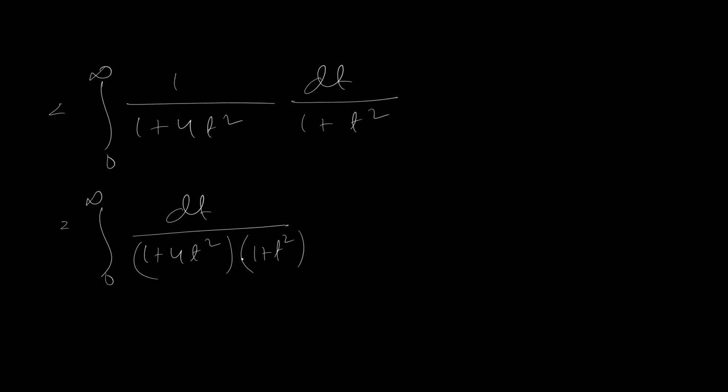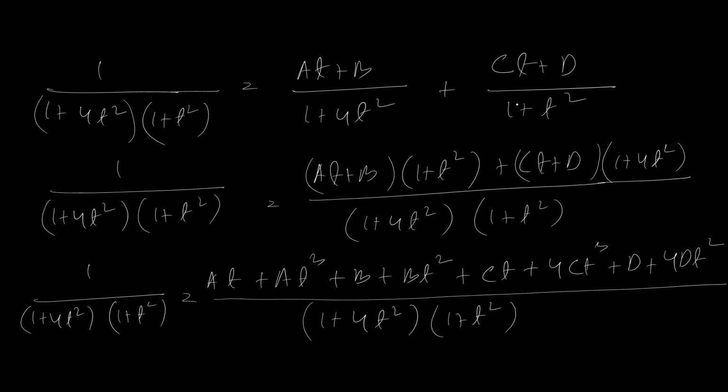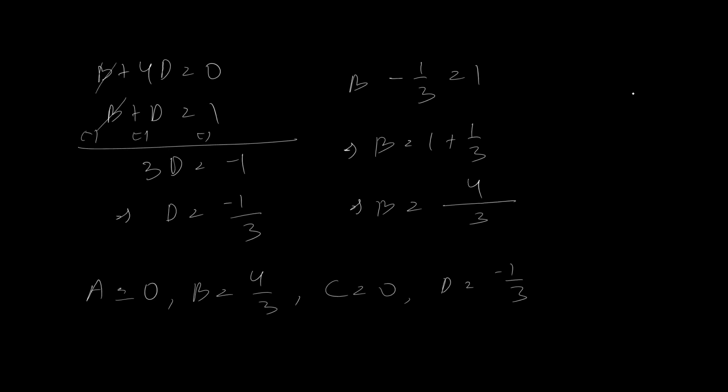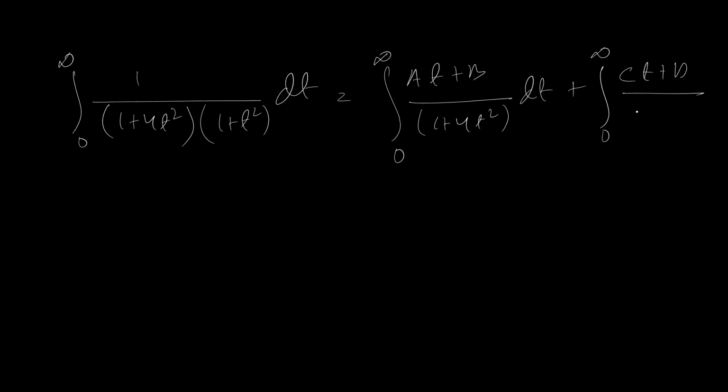So this is what I got here: integration 0 to infinity 1 by (1 plus 4t square) and (1 plus t square) dt is equal to integration 0 to infinity (at plus b) by (1 plus 4t square) dt plus 0 to infinity (ct plus d) by (1 plus t square) dt.